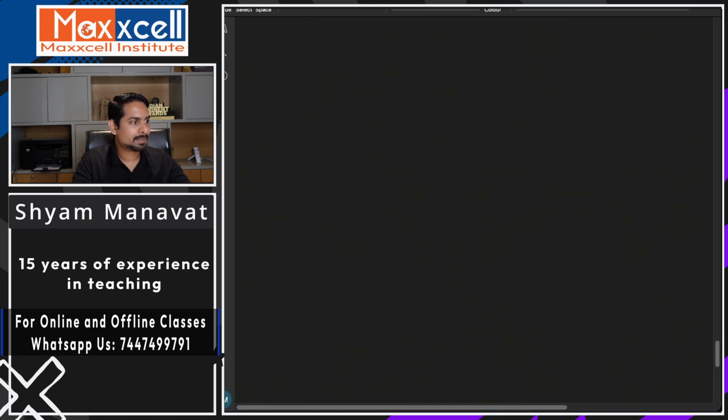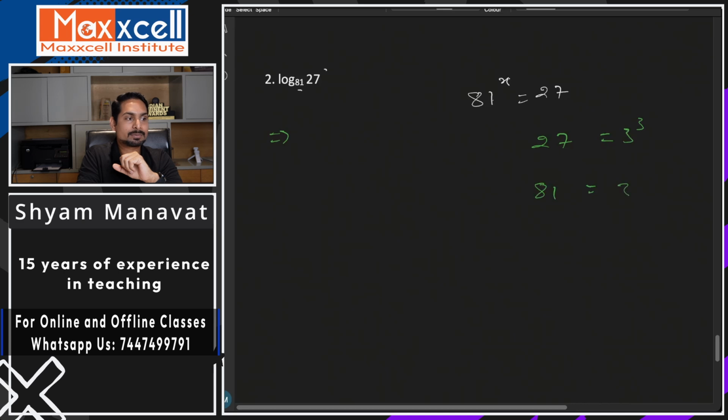Now see, here I got 27 and 81, which have no direct relation. 81 to the power of something is 27; it is possible, the power will be a fraction, but directly finding it is difficult. So I will make it simple. I know that 27 is 3 cube and 81 is 3 raised to 4.